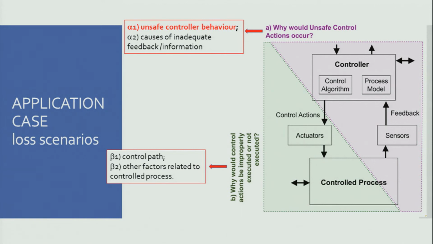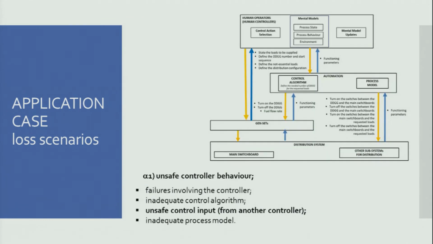In our case, we decided to focus on unsafe controller behavior. So the automation made the shutdown; why did the automation behave in such a way? In turn, when you focus on the unsafe controller behavior, there are four different options that you are assumed to consider.